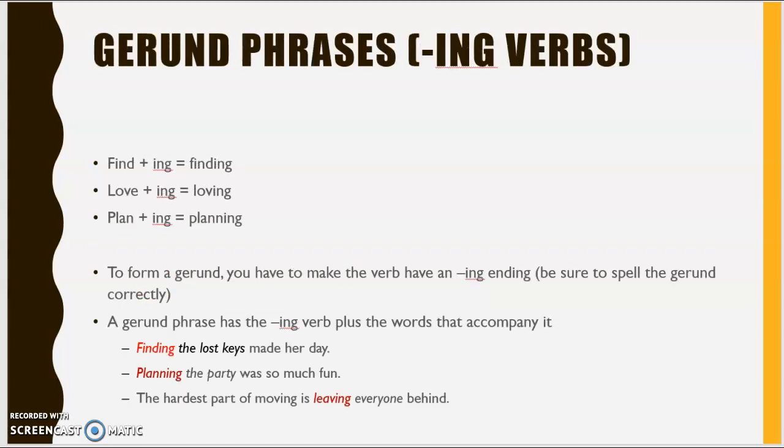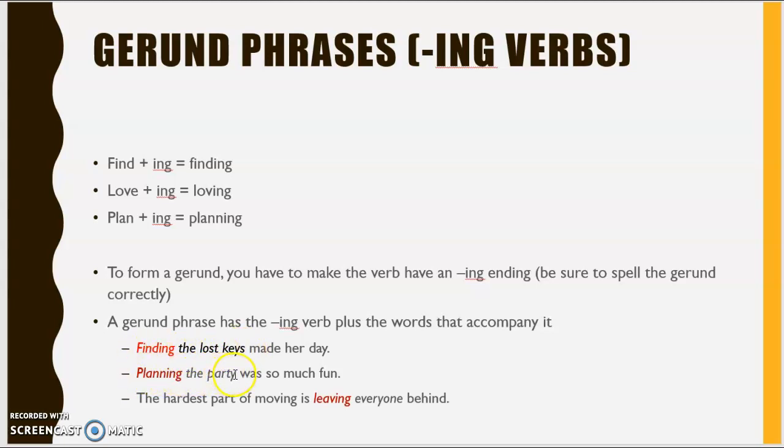So infinitives are to plus a verb and they function as the subject. Gerund phrases, verbal phrases, are ing verbs. Finding, loving, planning, leaving. You want to make sure you spell them correctly if you are creating a gerund phrase. Like finding the lost keys, that's the whole gerund phrase.